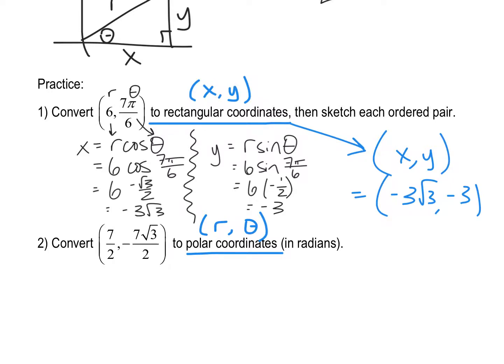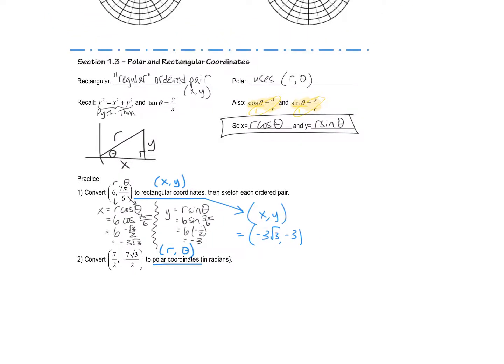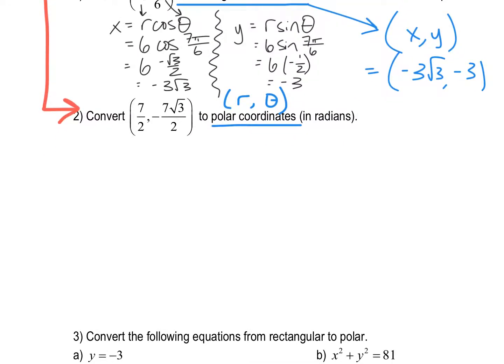Remember what I used up here to convert from polar to rectangular. What I'm going to do to convert rectangular back to polar is use these. I'm going to use r squared equals x squared plus y squared, and that tangent of theta formula. It's all above, what I went through earlier, but that's how I'm going to do this conversion part.